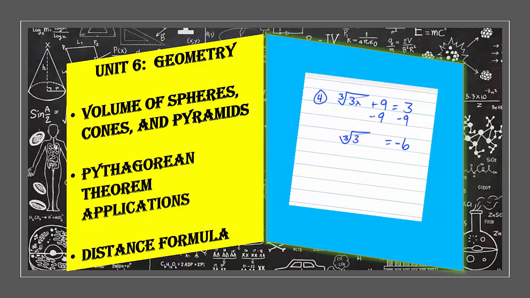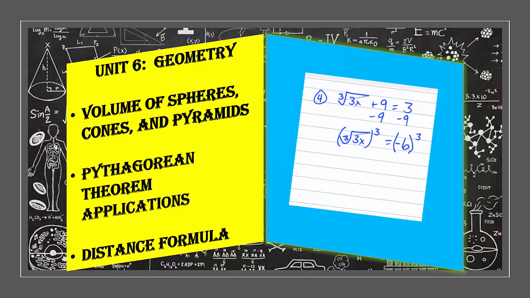Now I have a cubed root value, so in order to get rid of the radicand, we're going to cube this entire statement. And here we finally see a negative value on the right side of our equation, so you'll see that I will put it in parentheses so that I am cubing the entire value.